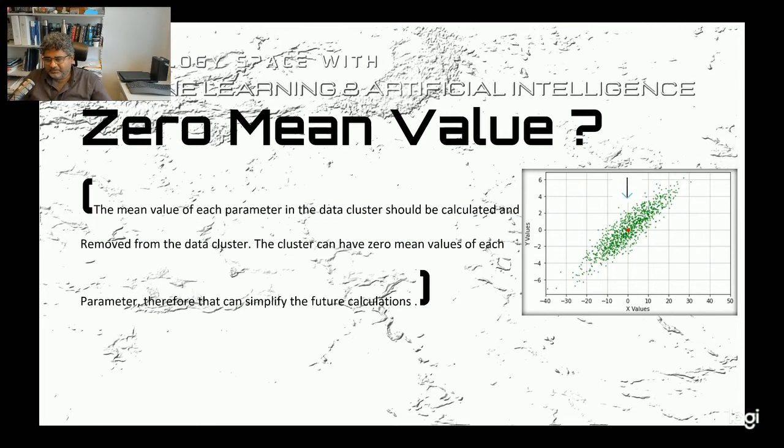That way it simplifies the analysis process. So here I am subtracting the mean value from the respective parameters and then replotting the same data set in another figure. And here you can see this data being distributed with respect to the mean value of 0 and 0 for these two parameters x and y.